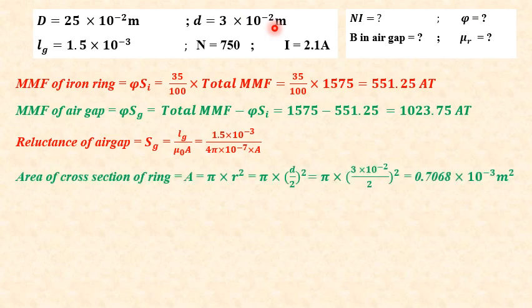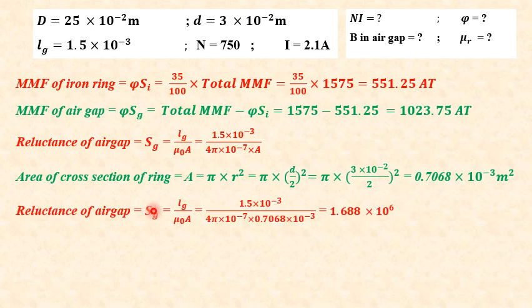So area of the cross section A is equal to pi r square, that is pi into d by 2 the whole square, which gives 0.7068 into 10 raised to minus 3 meter square. Now substituting for area of cross section, we get reluctance Sg equal to 1.688 into 10 raised to 6.